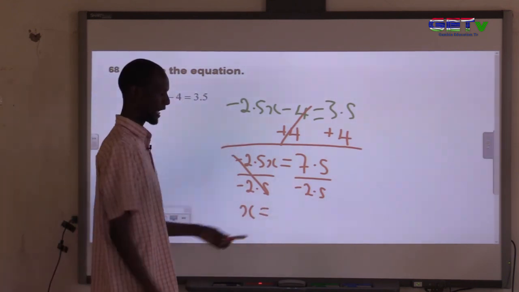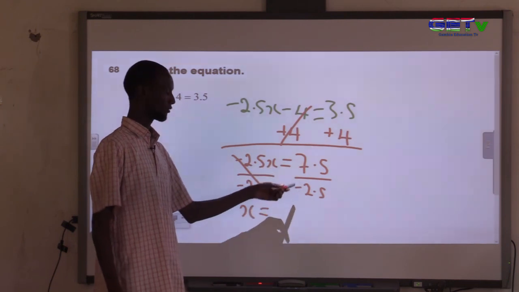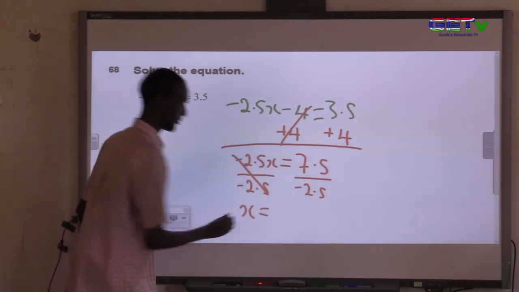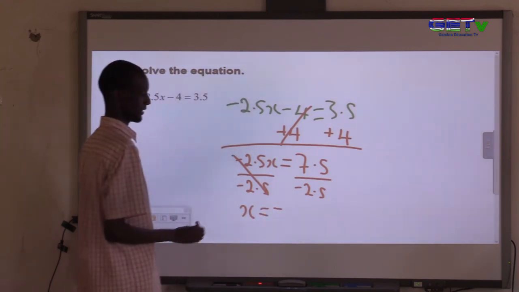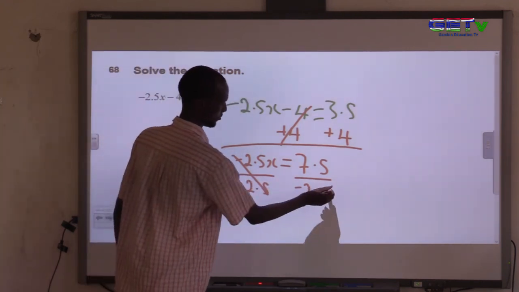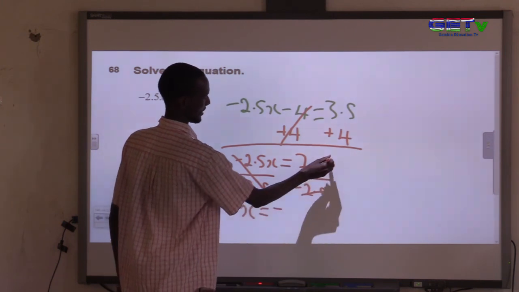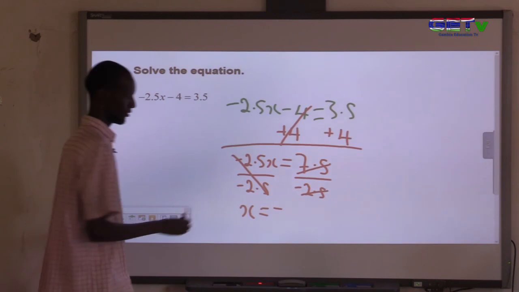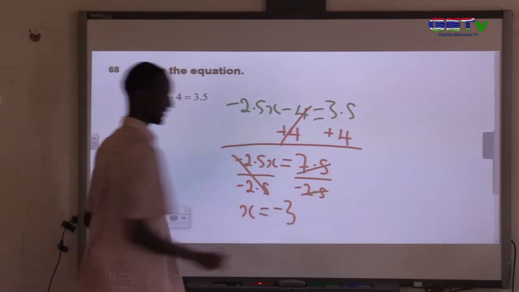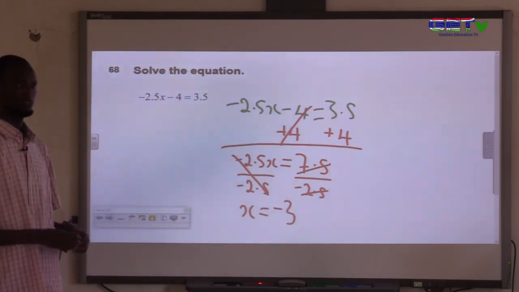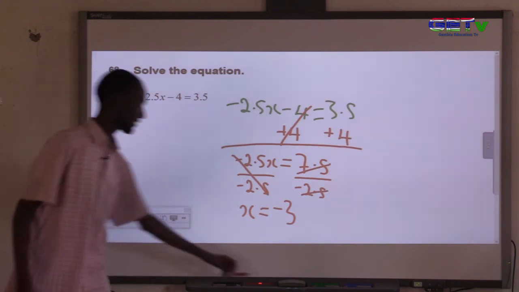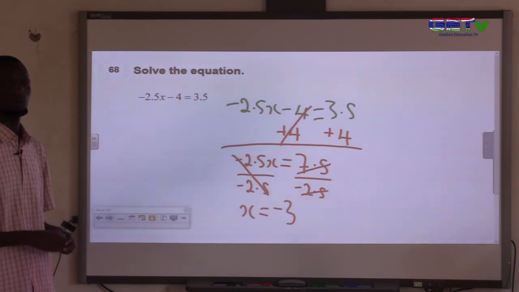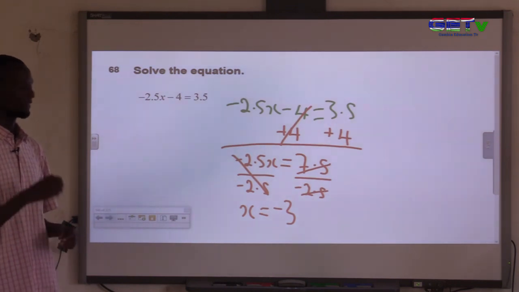The 7.5 is positive and the 2.5 is negative. You divide a positive by a negative, you get a negative answer. And of course, 2.5 into 7.5, if you divide properly, should give you 3. So therefore, our answer to that particular question is x is equal to negative 3.